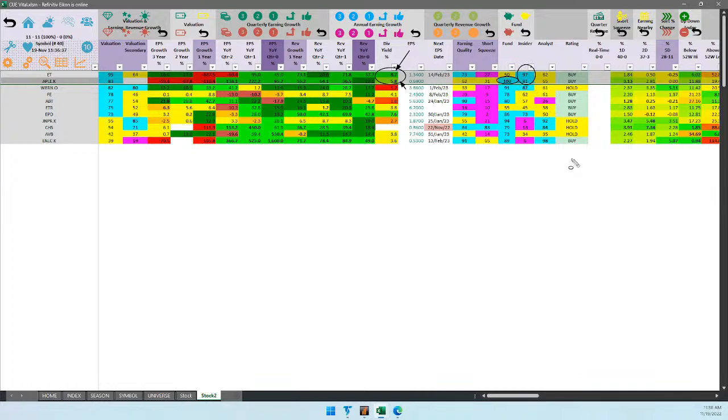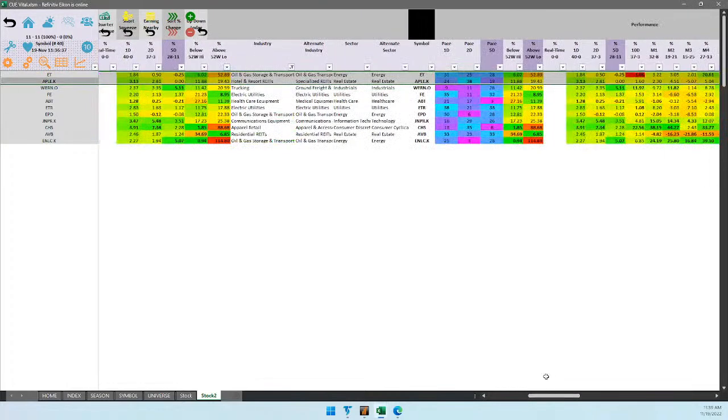Insiders are bullish on both these stocks. Both went up on Friday. One is in the oil and gas industry, energy sector, and the other one is hotel and resorts REIT, real estate.